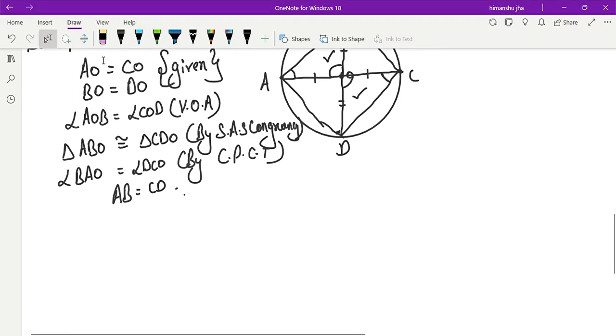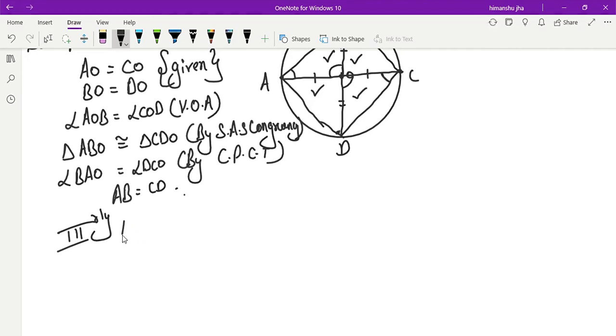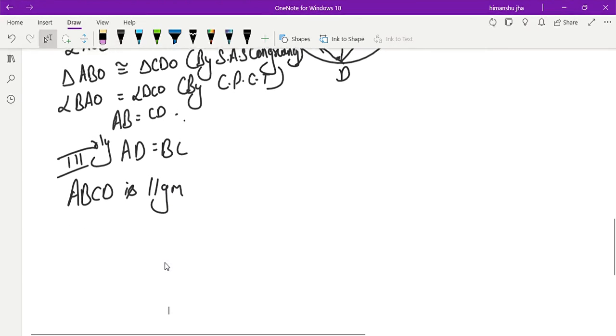Similarly, by taking these two triangles, we can say AD equals BC. Also we can say ABCD is a parallelogram. We have already learned the shortcut that it is a parallelogram. We already knew, but still we are proving it.